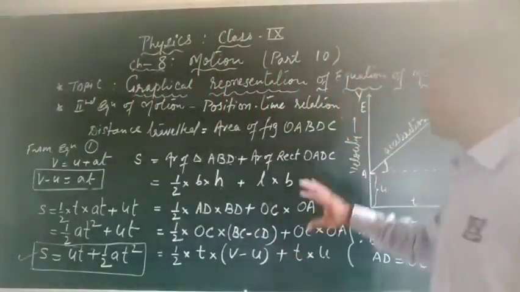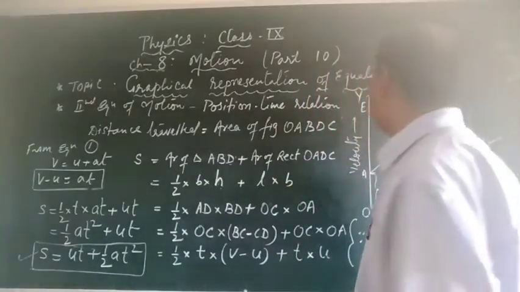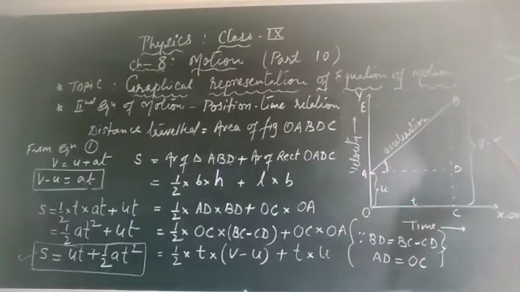Now let me recapitulate this once again for you, how we started with it. If you look at this, a graph is shown here. The graph is drawn between velocity and time, and the slope shows the acceleration. Since at t equals 0 the body has only its initial velocity, that is OA.